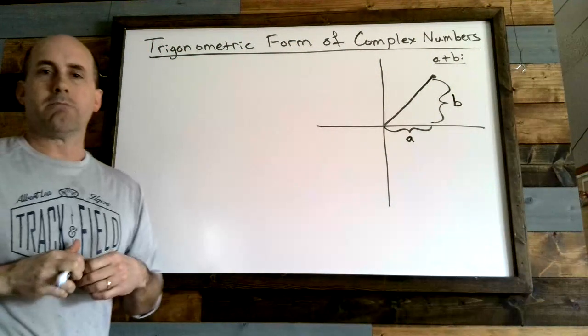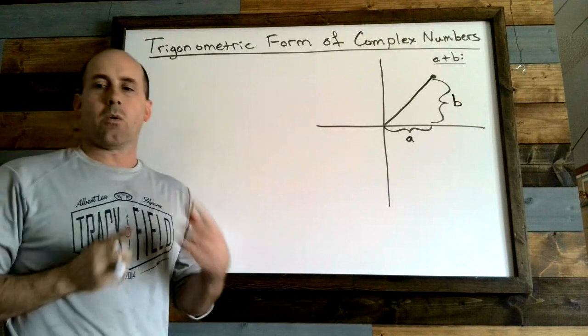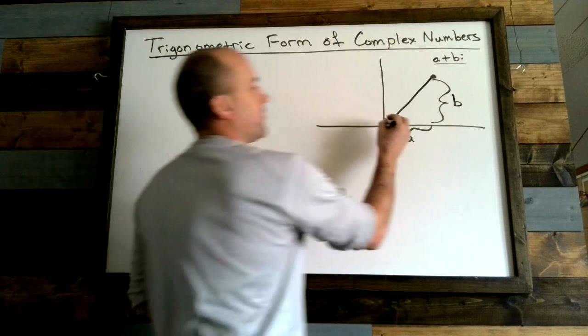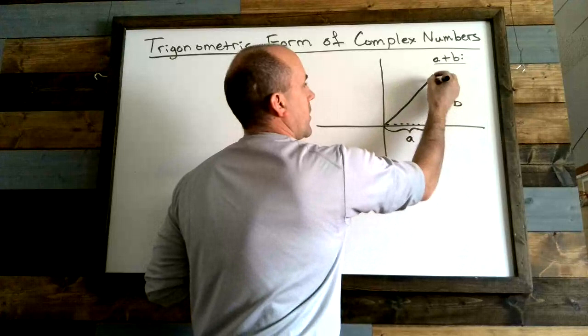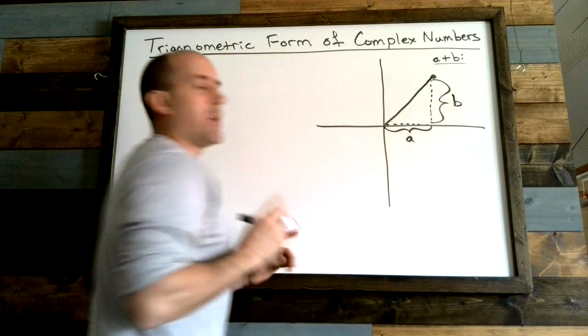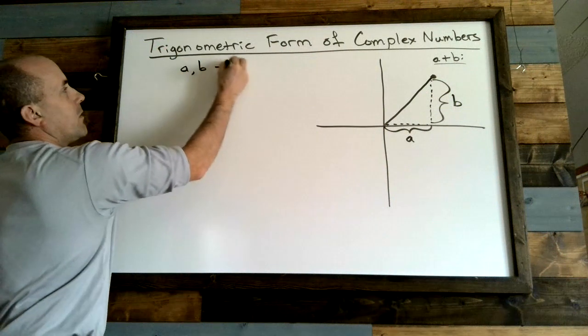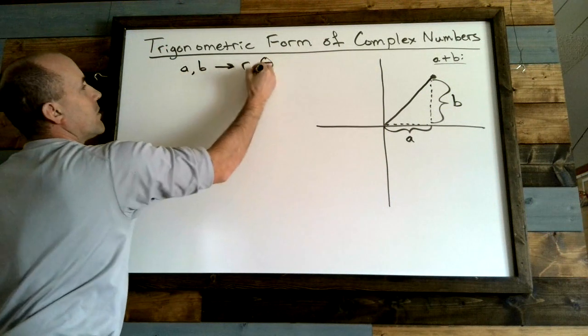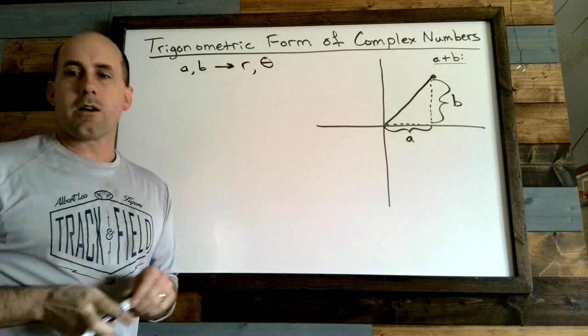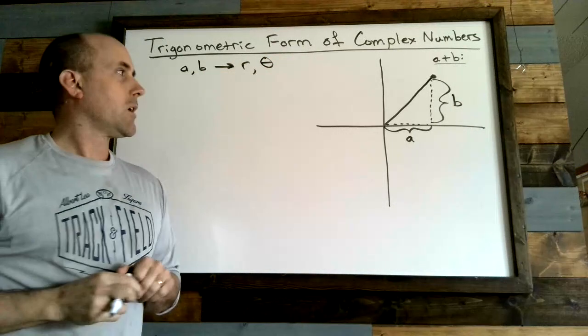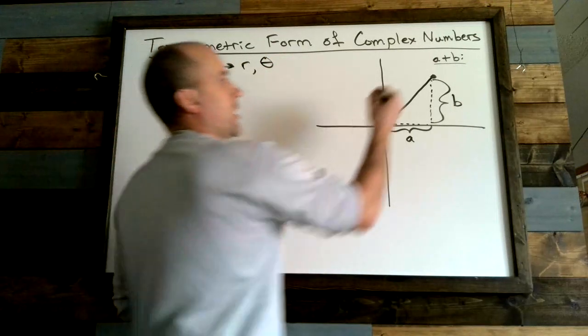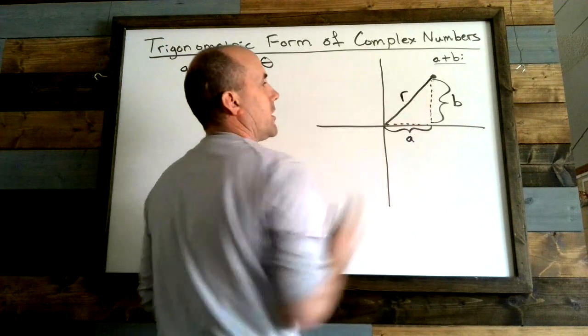And so what we end up doing, in order to write it in a new form, instead of A and B, is we replace it with R and with theta. And in this situation, this is R.